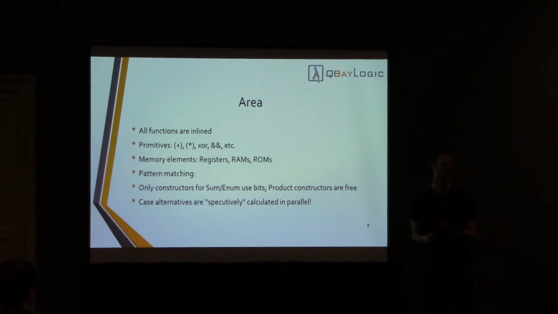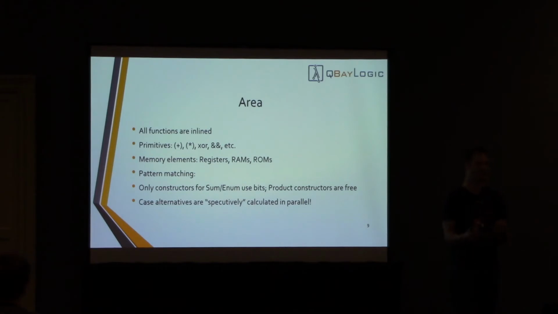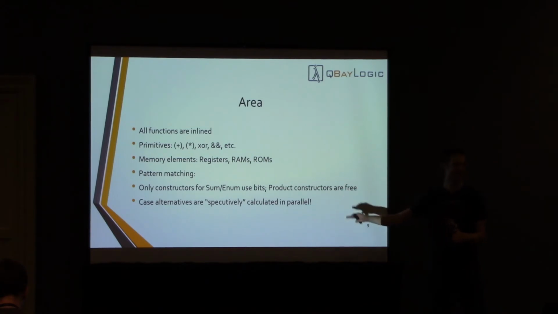Your primitives will have a primitive or unit amount of area, so your multipliers and adders will take up a fixed amount of space, and memory elements, of course. Another important aspect is that any form of pattern matching will take up space as well, because that will turn into multiplexers. But only pattern matching on some types.